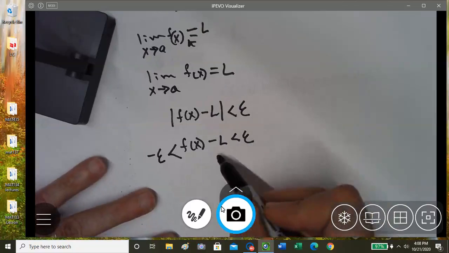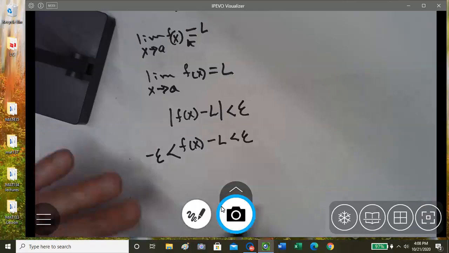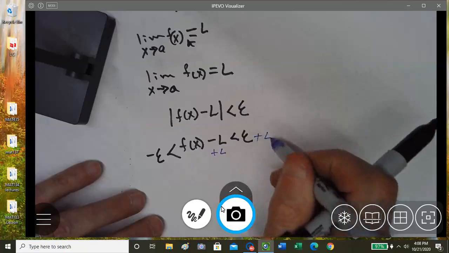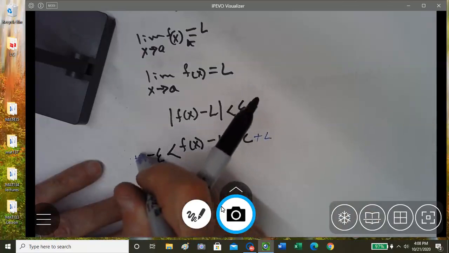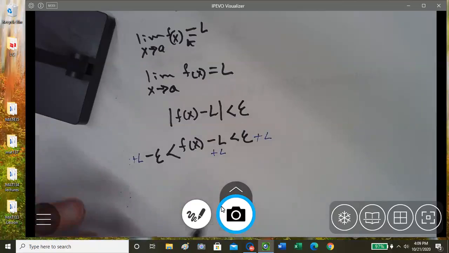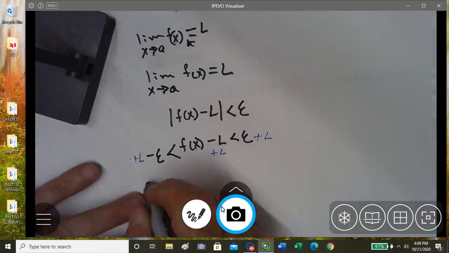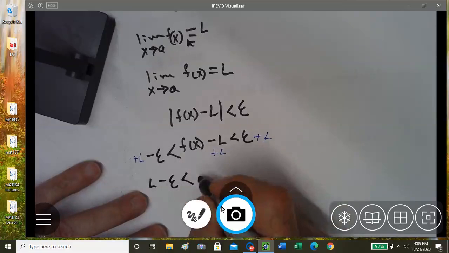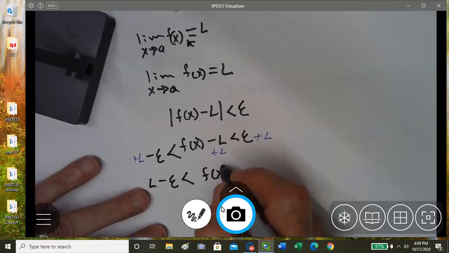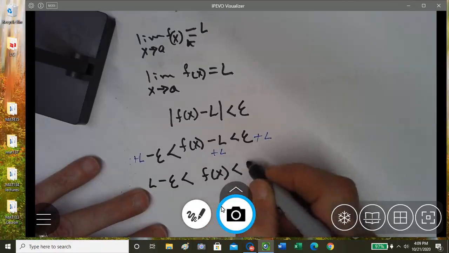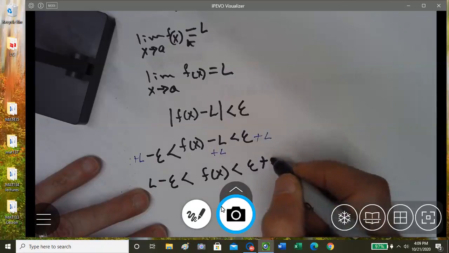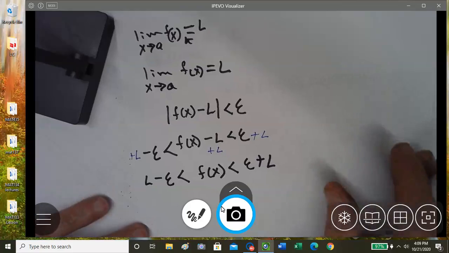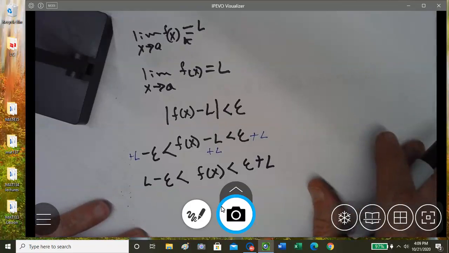Now we can apply plus L, and so we get L minus epsilon is less than f of x, and that's less than epsilon plus L.